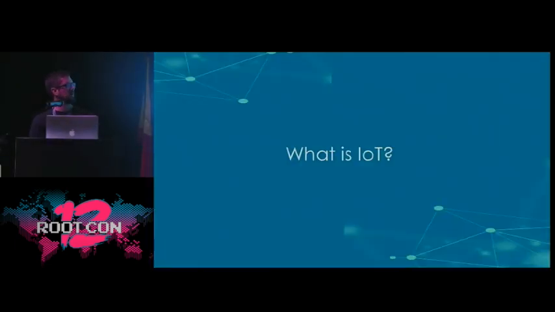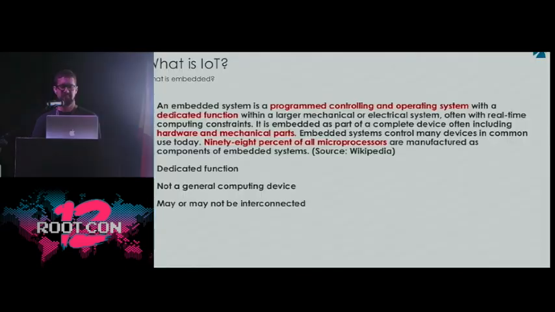So the first part is, what is IoT? We'll start by talking about what an embedded system is. Computers are really built to do general computing purposes. An embedded device is really built for a specific purpose.